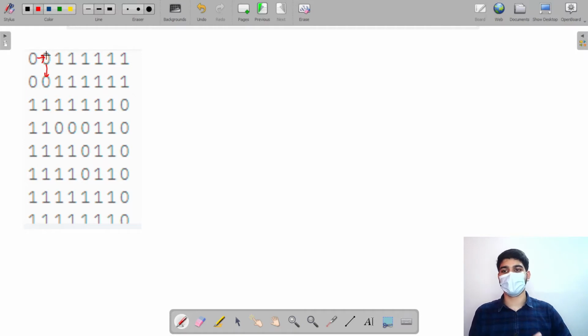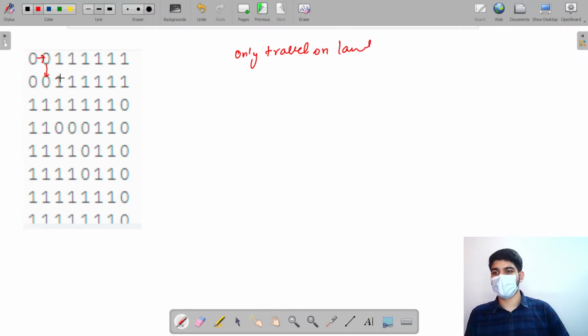If I am only allowed to travel on land, then from this 0, I can only go to the west side. Now from this 0, I can go either north or east, but both of those zeros are already visited.